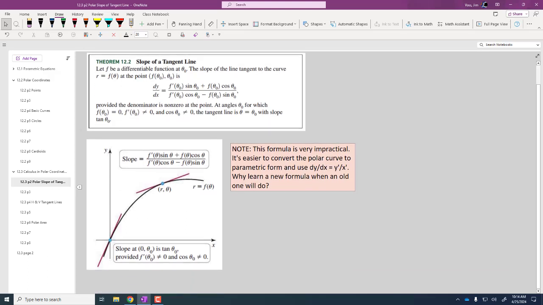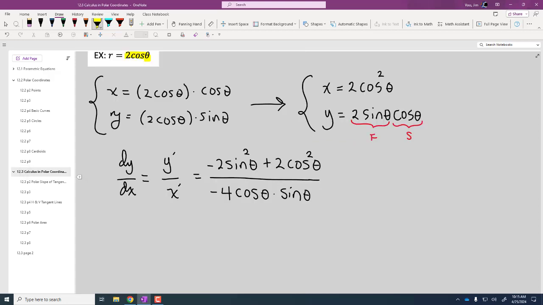So, there is another way to find dy dx if you are into horrific formulas. If you are a masochist, you could use this formula for dy dx. You can use it.